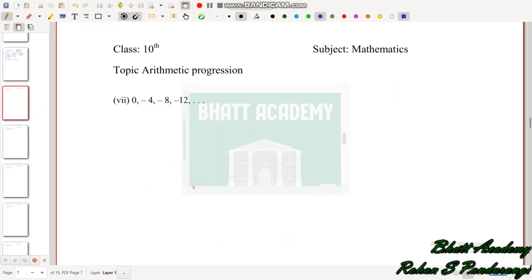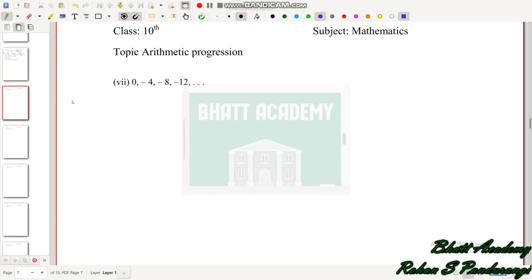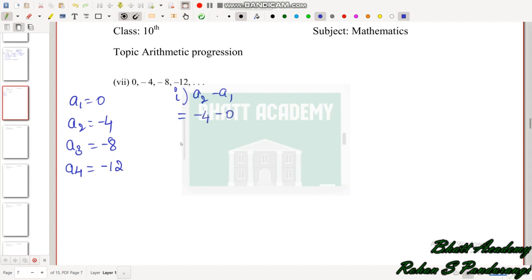0, minus 4, minus 8 and minus 12. So A1 is 0, A2 is minus 4, A3 is minus 8 and A4 comes out to be minus 12. So first condition A2 minus A1 ಅನ್ನ ಚೆಕ್ ಮಾಡಿದ್ರೆ that is minus 4 minus 0, that is minus 4. Second condition A3 minus A2 ಅಂದ್ರೆ minus 8 minus of minus 4, that is minus 8 plus 4, again minus 4.